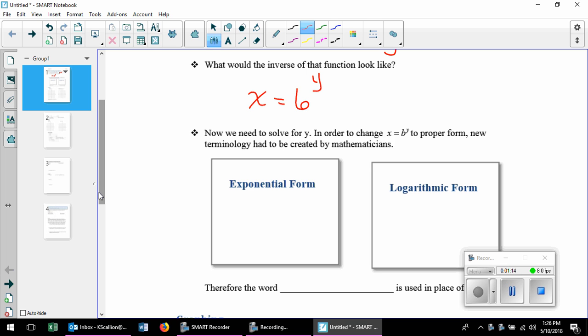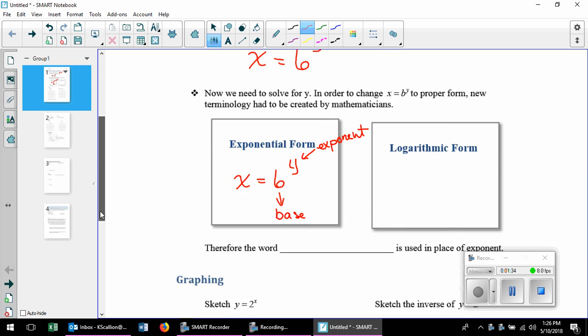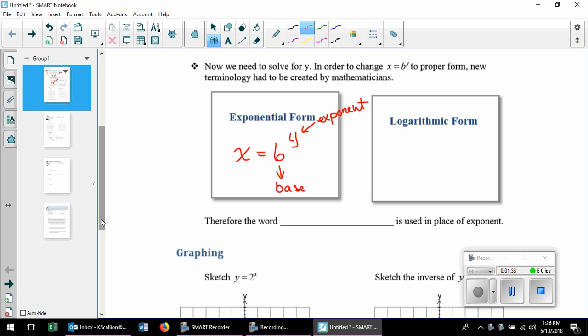Okay, so if I have it in exponential form, x equals 6 to the y, let's break this down. This is my base, and that's my exponent. You with me so far? If I put this equation into logarithmic form, the exponent moves out into the front.